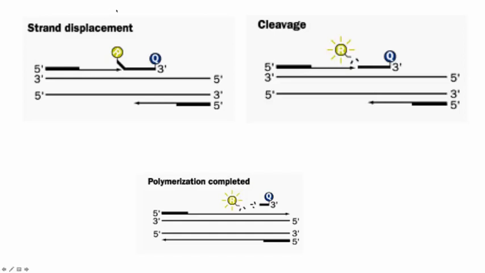Because it has 5' to 3' exonuclease ability, it actually cleaves off this DNA. It cuts this DNA into short little pieces. And as it starts cutting this DNA into short little pieces, this separates the reporter and quencher molecules from one another. And so then you don't have the FRET happening.